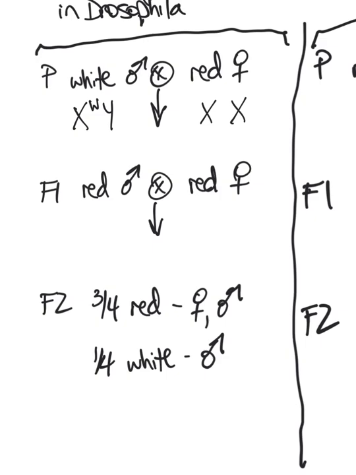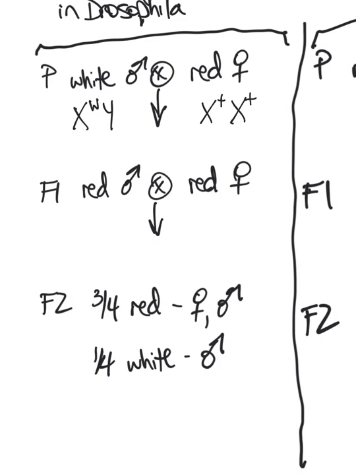In Drosophila, we use just a plus sign to denote the wild-type allele. Because the parentals were pure breeding, this red female is going to be homozygous for the plus or wild-type allele. So these are the genotypes we're starting off with according to this hypothesis.